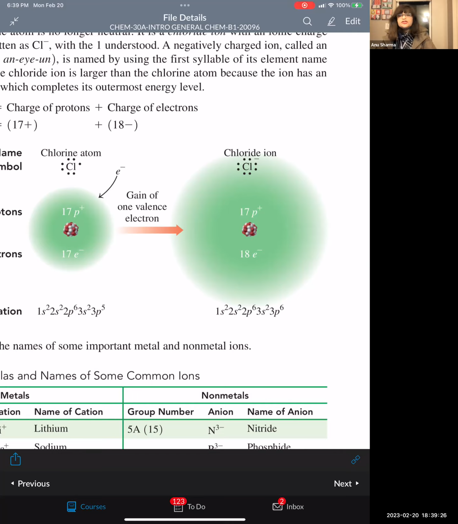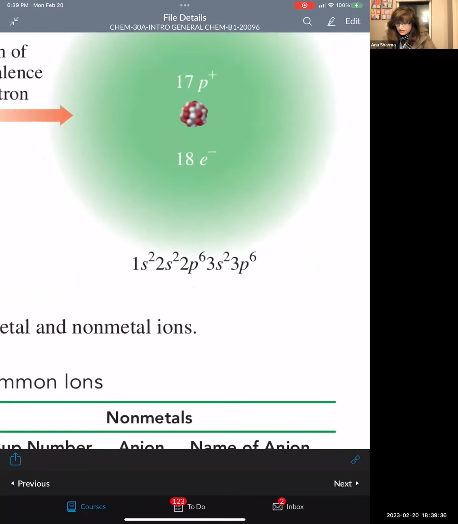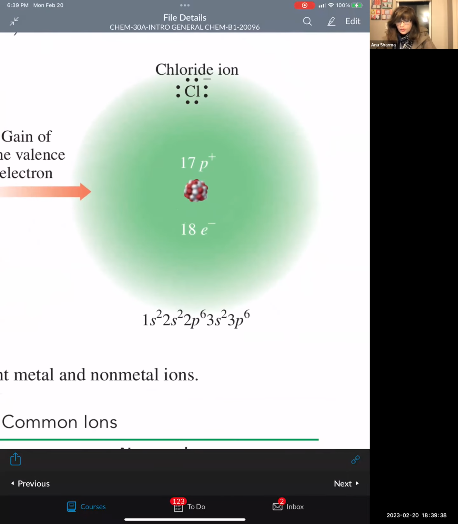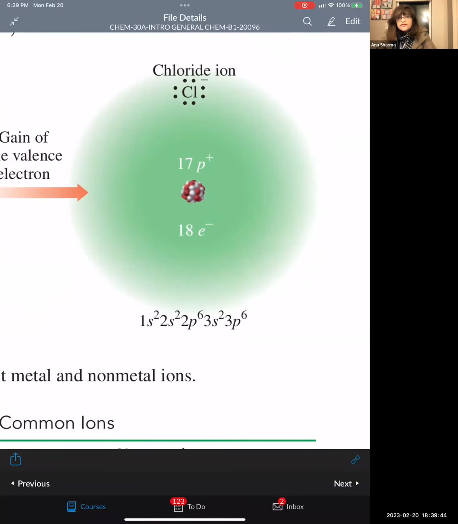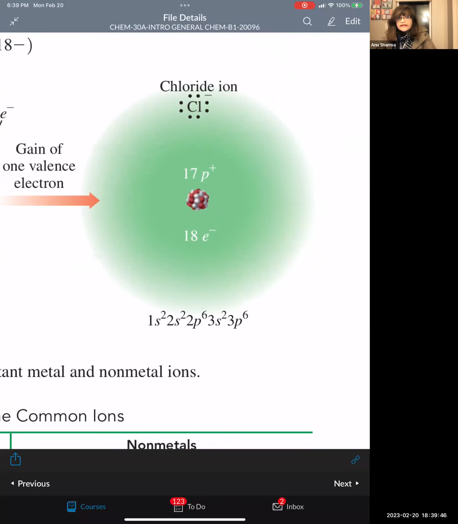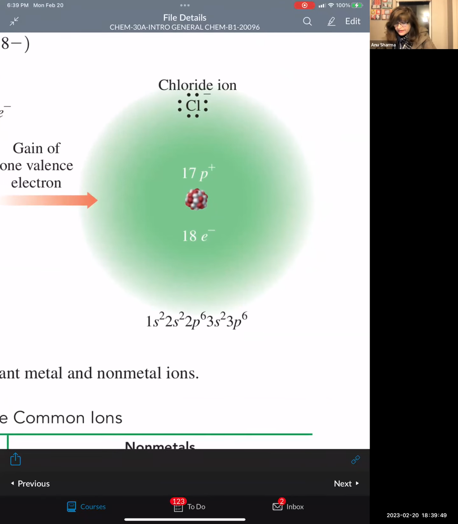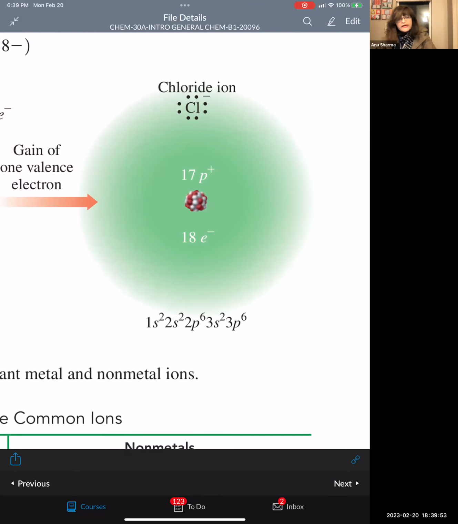There's a slight repulsion in these electrons when a new electron comes in. So they spread out, and the nuclear pull also weakens. So because of that, the anion of chlorine, which is called chloride, not chlorine, chloride anion or chloride ion, has a wider spread. So it is bigger in atomic radius.